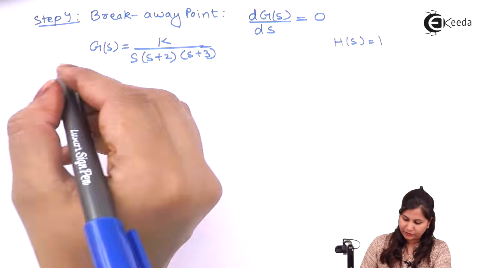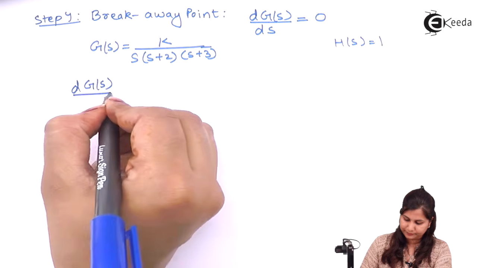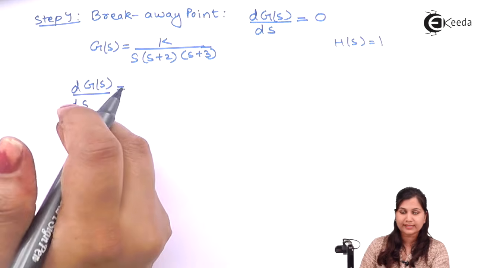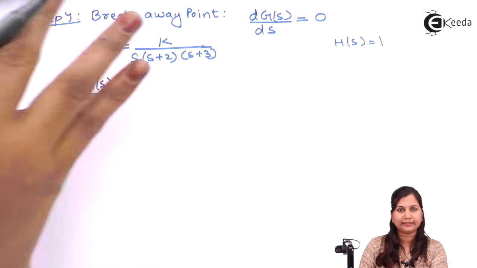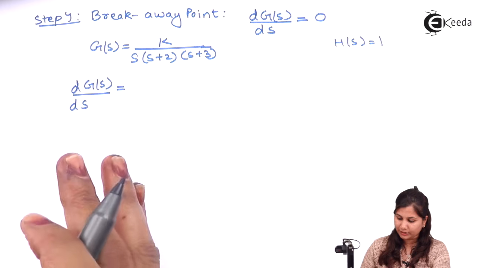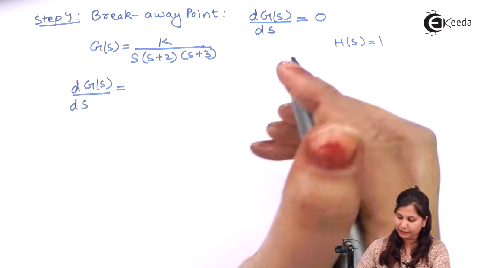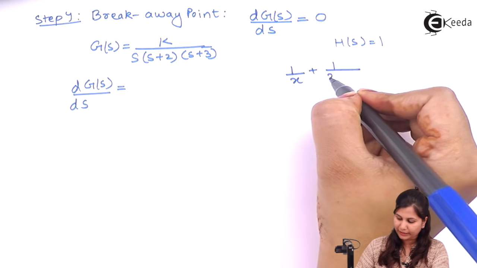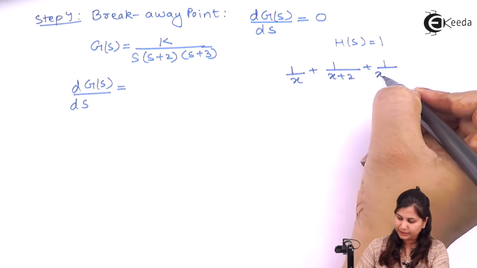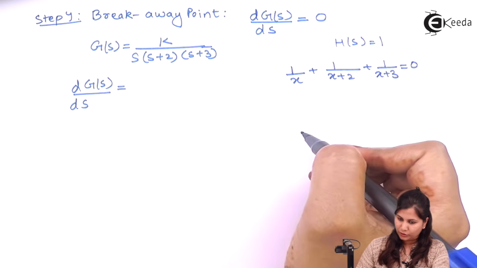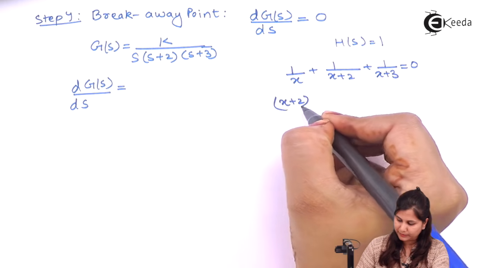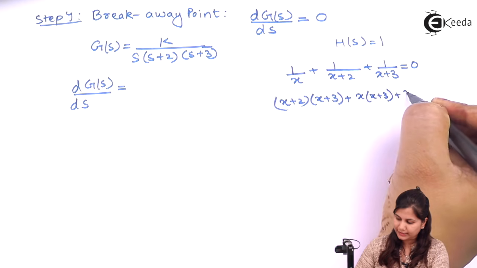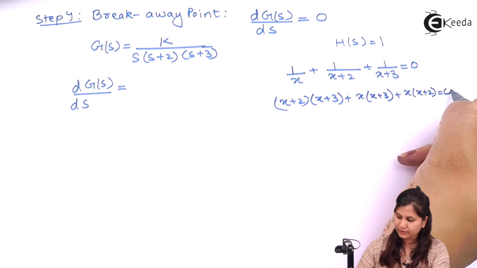Now differentiate this with respect to S. There are two methods to find out this differentiation. First is to apply the differentiation formula, and second method is to directly find the breakaway point by letting S as x, 1 upon x, 1 upon x plus 2 and 1 upon x plus 3 equals to 0. So we are having x plus 2, x plus 3 plus x plus 3 plus x plus 2 equals to 0.